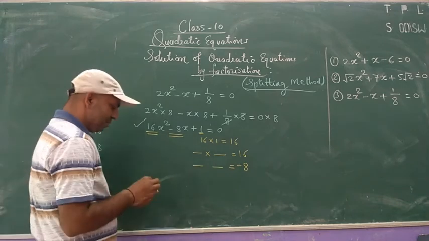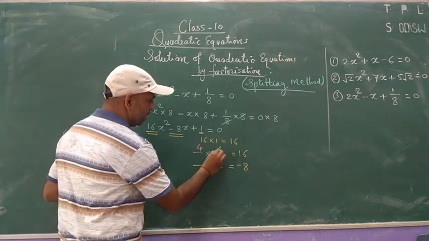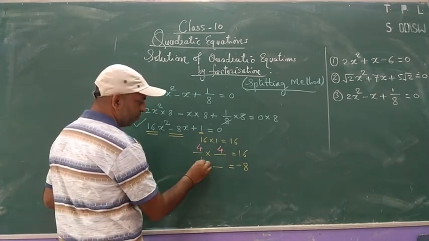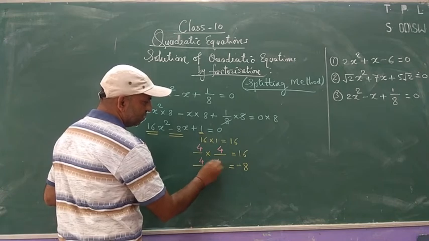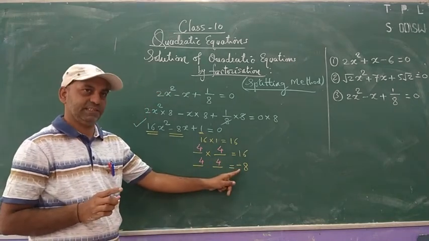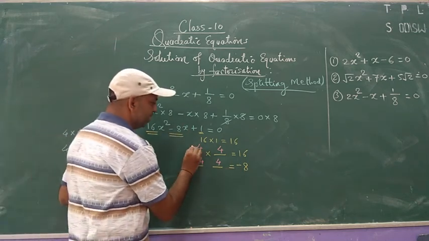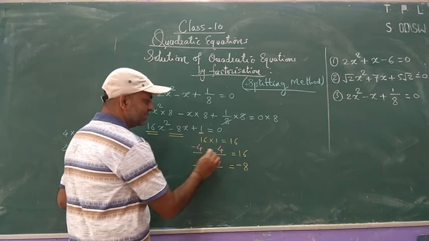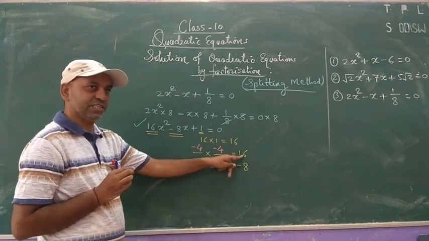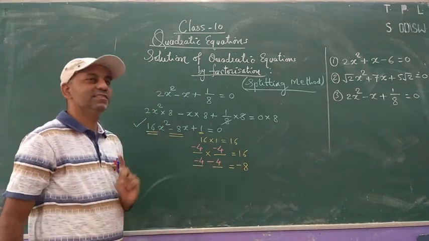Okay. 4 into 4, 16, and 4 plus 4 is equal to 8. So I am writing here 4 into 4, 16, and 4 plus 4, that is 8, but we need here minus 8. So just change the sign. Here if I write minus 4 and minus 4, minus 4 into minus 4 is plus 16, and minus 4 minus 4, that is minus 8.